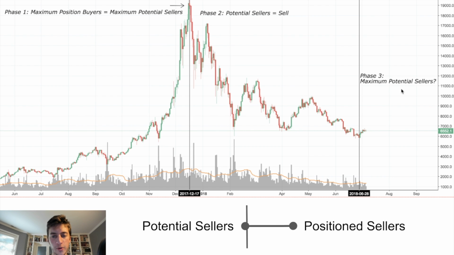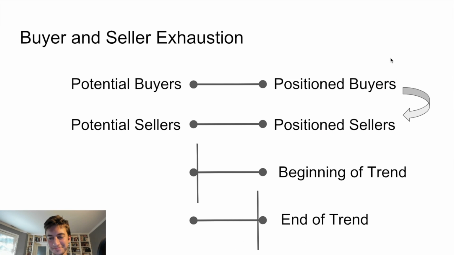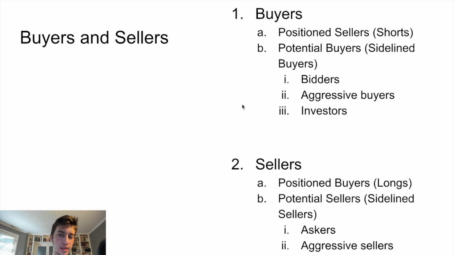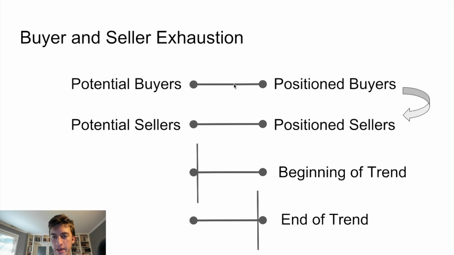All right, so that's going to do it for just this kind of long video on buyer-seller exhaustion and looking at position versus potential buying and selling in a trend. If you get one main takeaway from this, or two main takeaways, one would be always think of volume and price action in relation to a trend and its exhaustion.